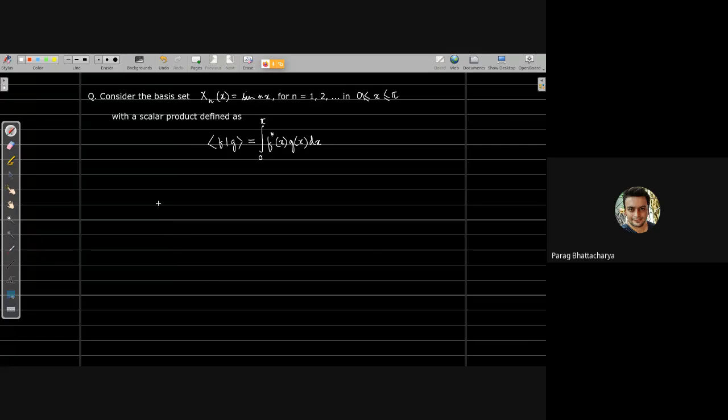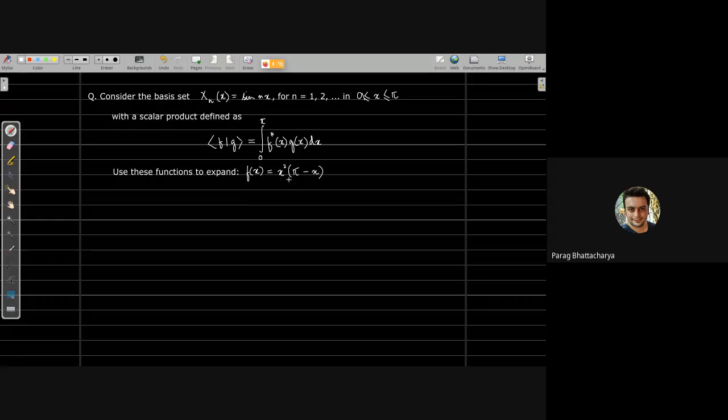So now the question here is this: use these functions to expand f of x equals x squared times (pi minus x).